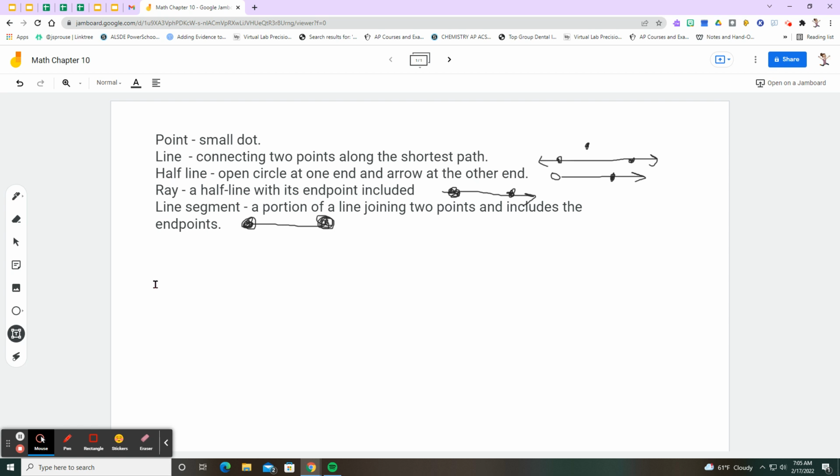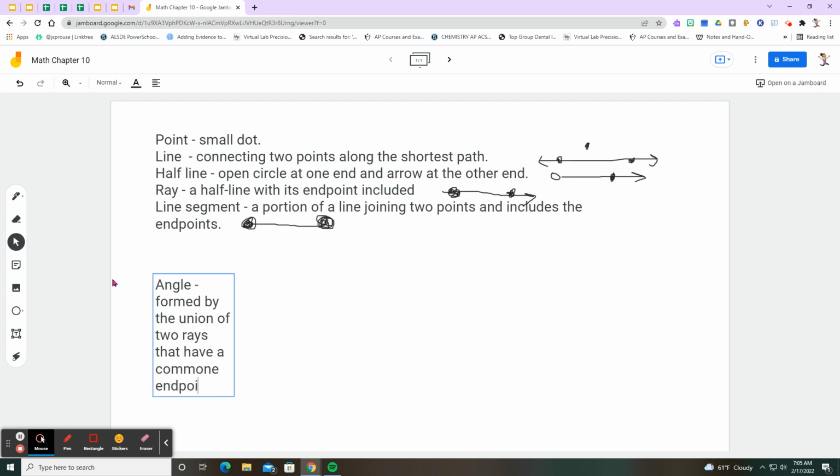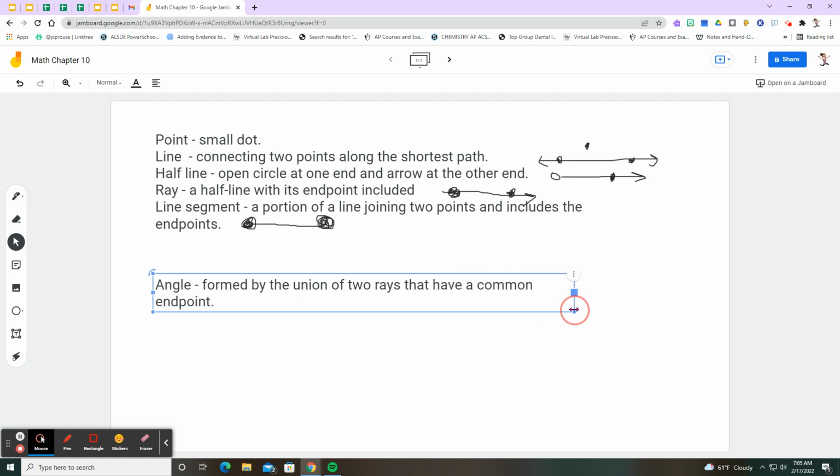All right, so let's look at angles now. So an angle is formed by the union of 2 rays that have a common endpoint. That's not how you spell common. Okay.